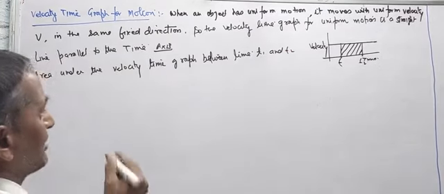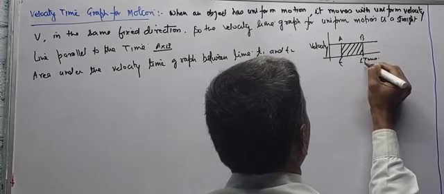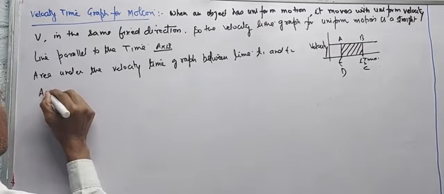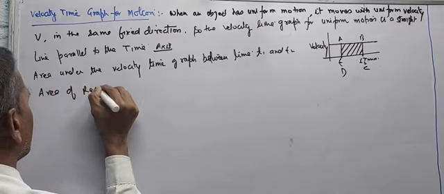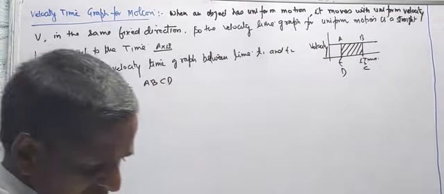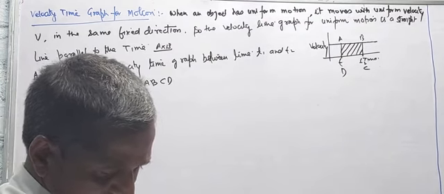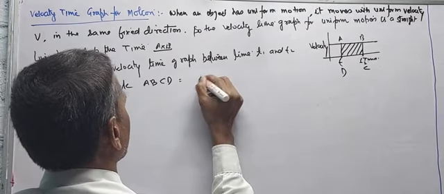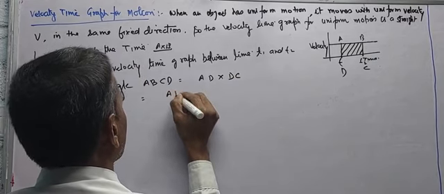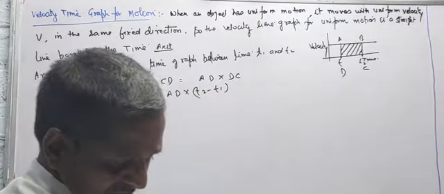Area of rectangle ABCD equals AD into DC, that is AD into (t2 minus t1).